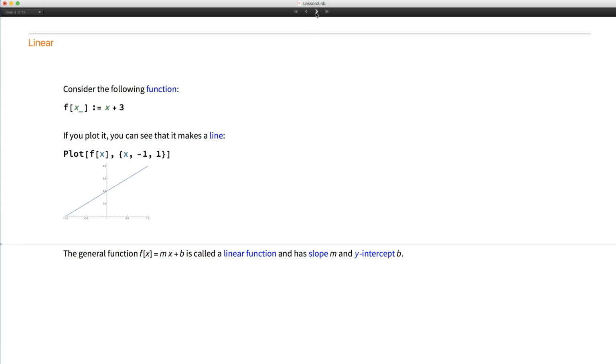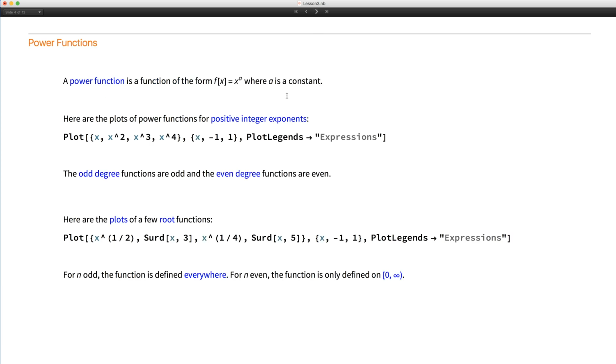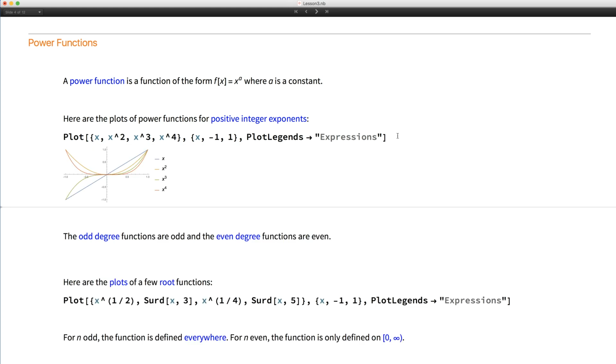Okay, to go a step further, let's talk about power functions. A power function is also very simple. It has the form x to the power a. Here are some power functions with simple powers like 1, 2, 3, and 4. Let's plot them. What you notice is that the graphs depend upon the kind of powers that you have.